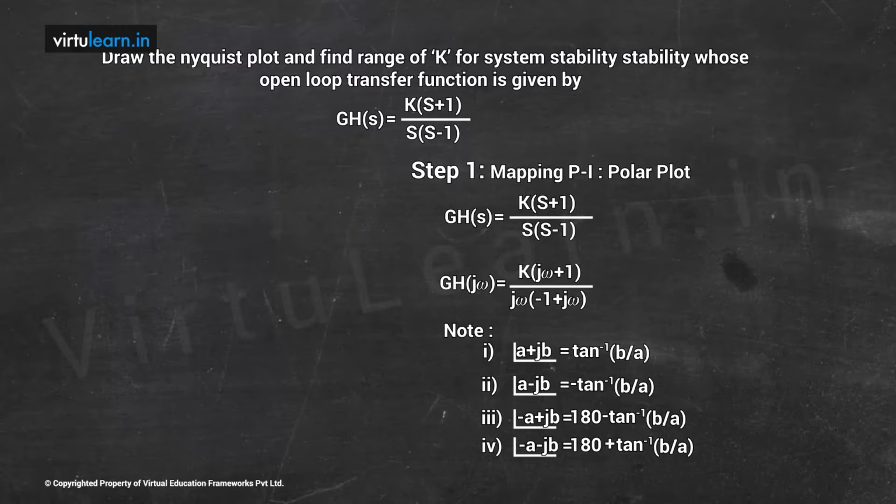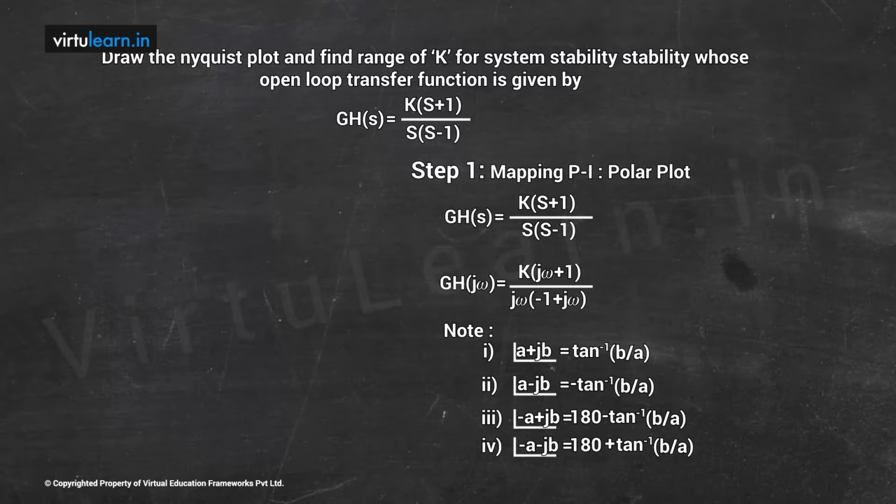How can we plot the first path? The first path is nothing but the polar plot. So what is the polar plot for this? Let us take the transfer function GH(s) and substitute s = j omega. Therefore K(1 + j omega) divided by j omega into (j omega - 1).